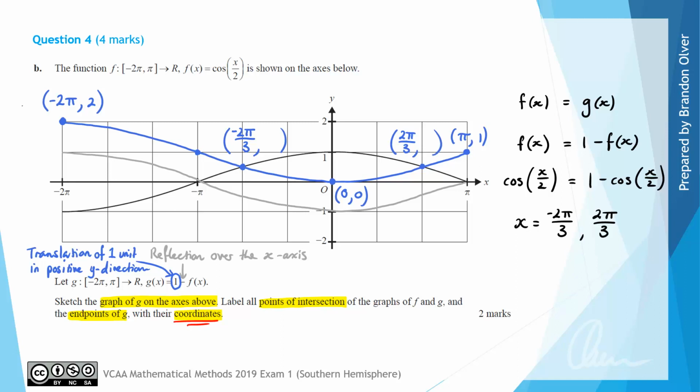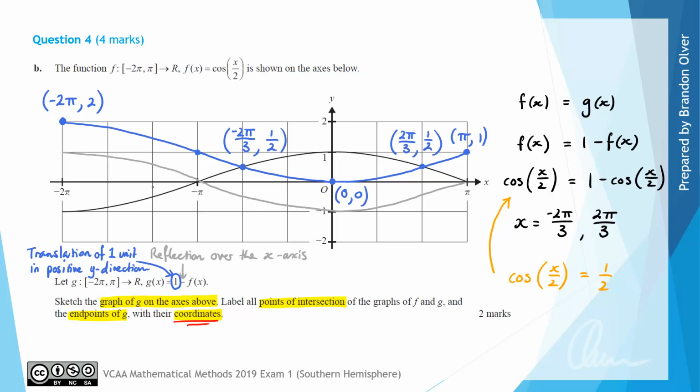And the trick here is that if you think back to what this equation looked like just before we solved it for x, it was actually that cos of x on 2 was equal to 1/2. So hopefully you can remember that from part A. So that means that these y values are 1/2 and 1/2.